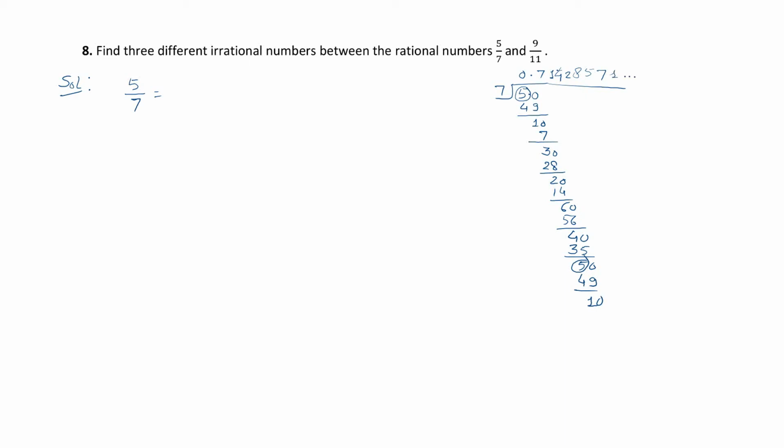So we can say 5 by 7 is 0.7142857142 and so on. So we can write 5 by 7 as 0.714285. So we can say this is the repeating block, right?